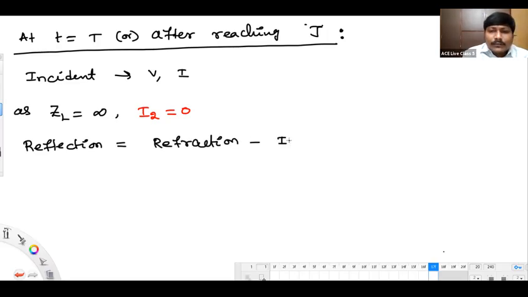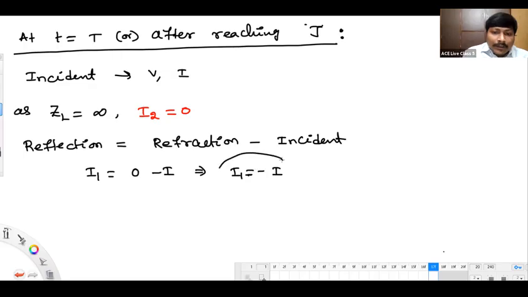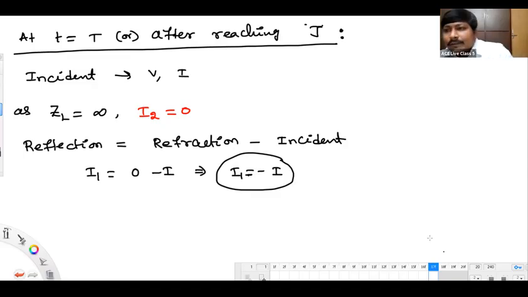Refraction is 0, incident is I, so we have a reflected current of minus I. Reflected current of minus I. Okay, next.